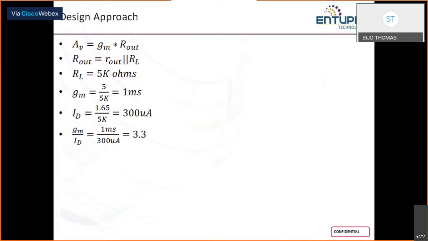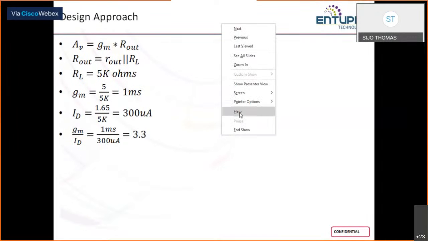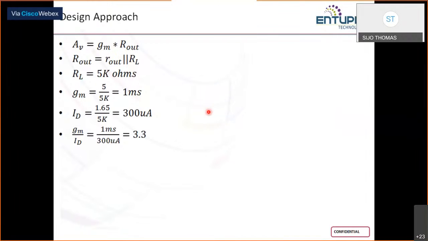Coming to the design approach, we have been given the gain. We all know the gain of a common source stage is gm into R out, where R out is the output resistance. Here the input device is NMOS, so it is the output resistance of your MOSFET in parallel with the load resistance RL, which as per the specification is 5 kilo ohms.